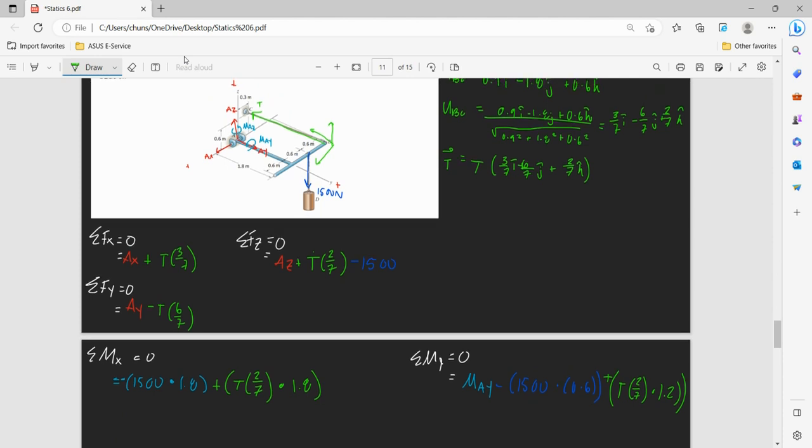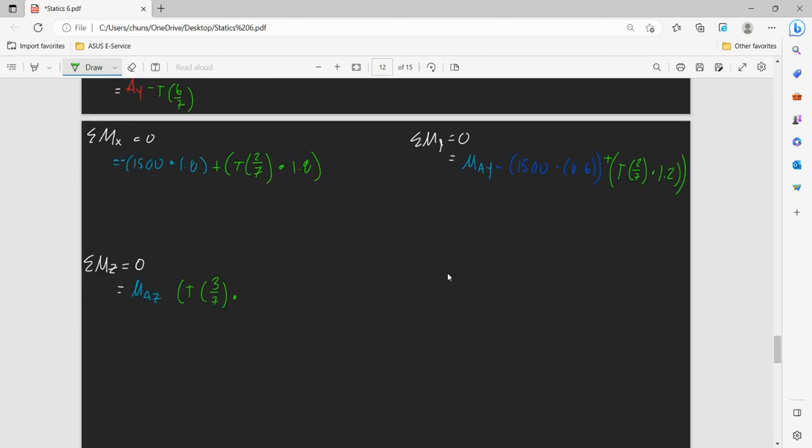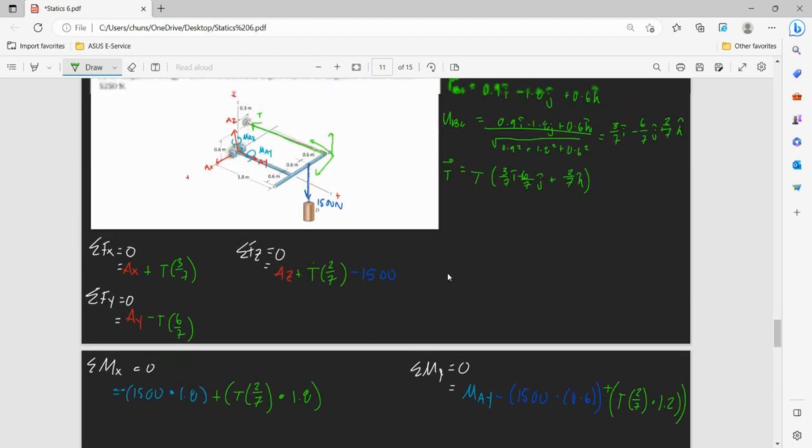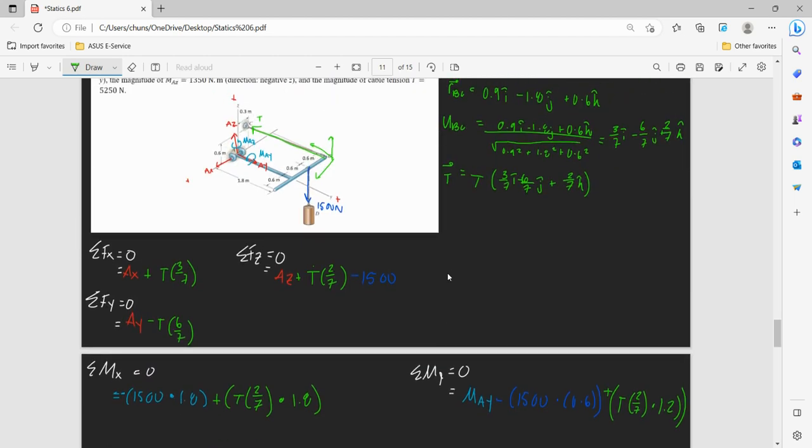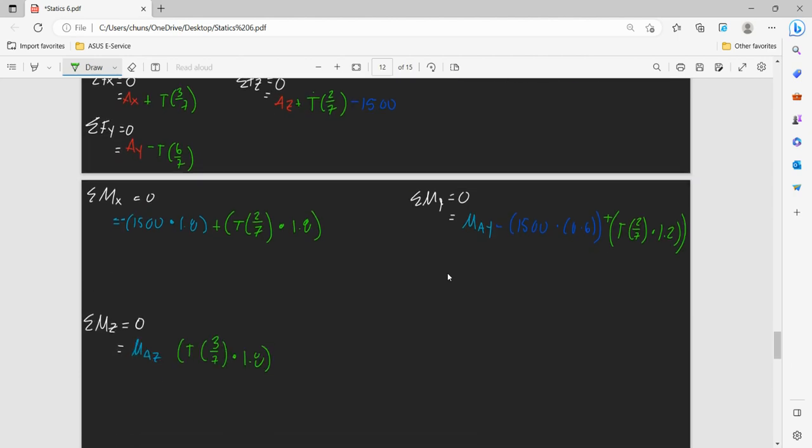So x and z, that means we need our y distance, which is 1.8. And this is in our, so we point along, that gives us negative direction.